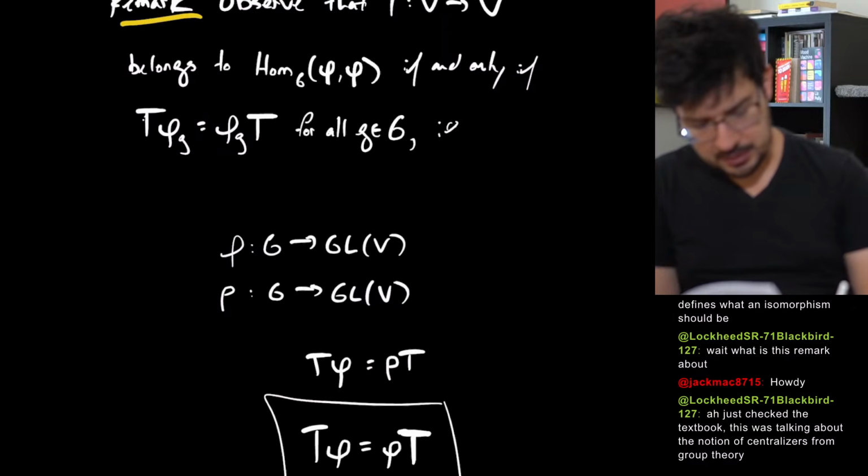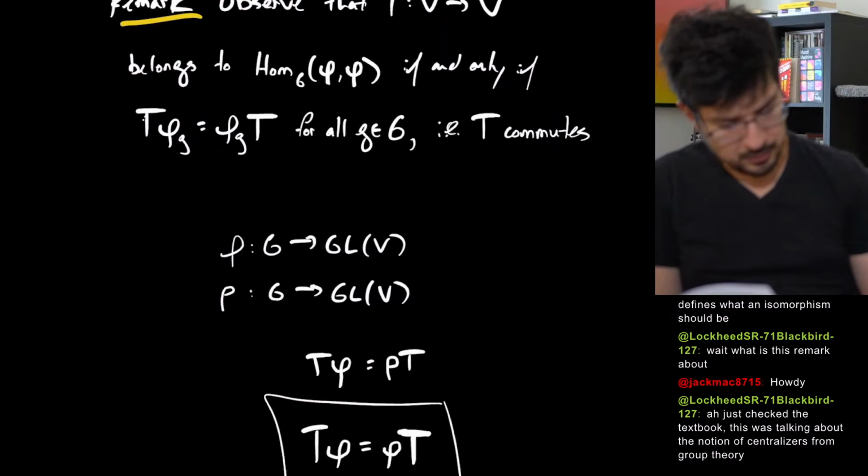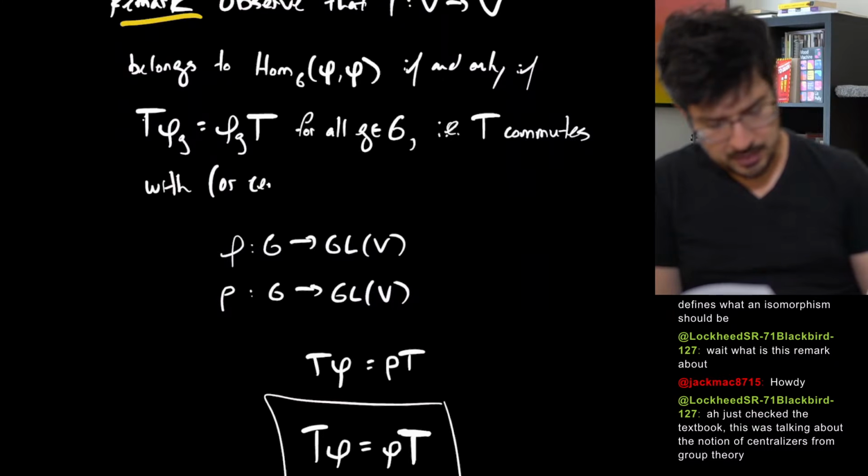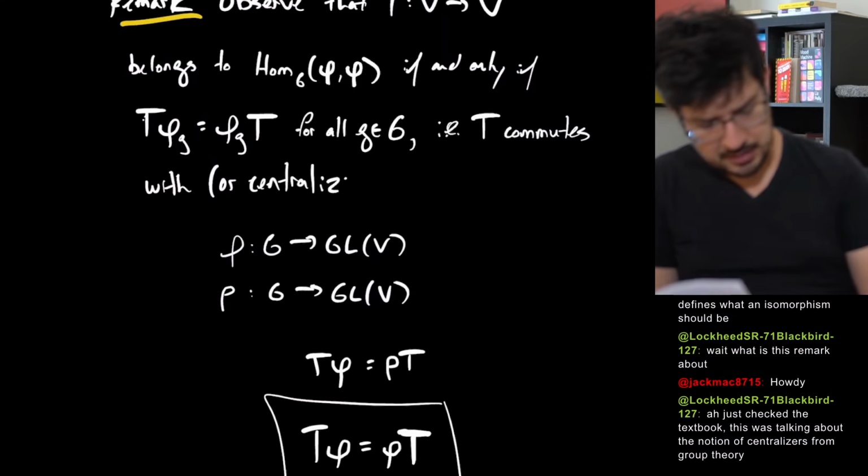I.e., in essence, T commutes with or centralizes. I remember this idea in algebra. Centralizes phi of g.